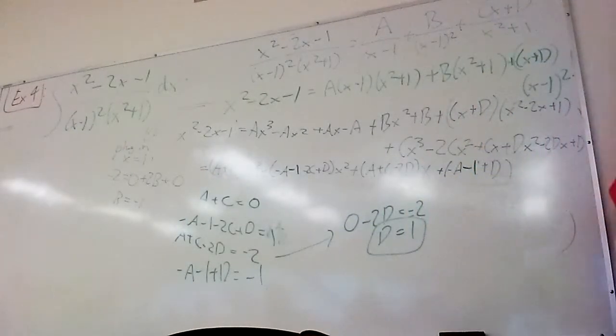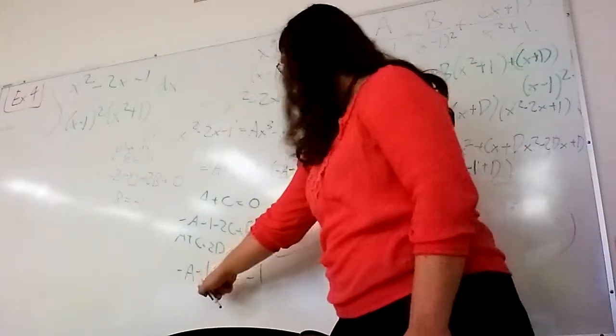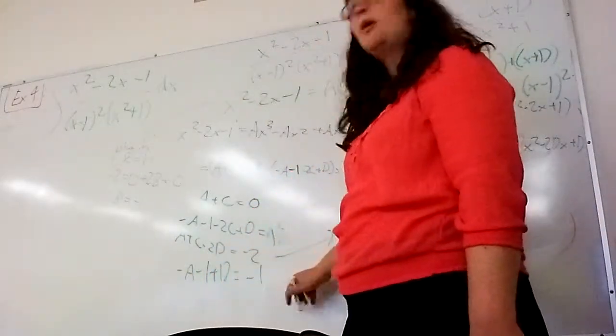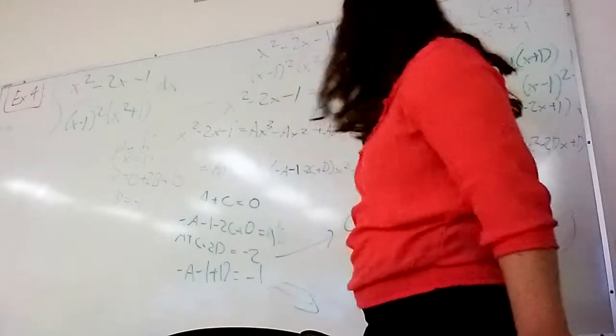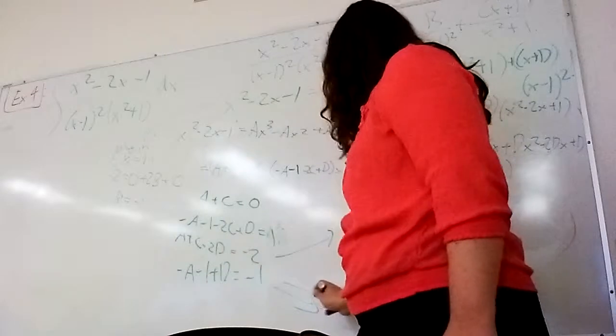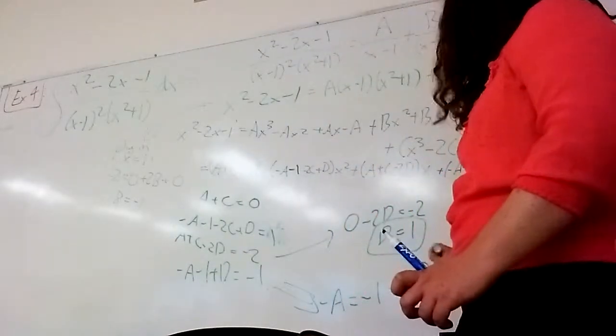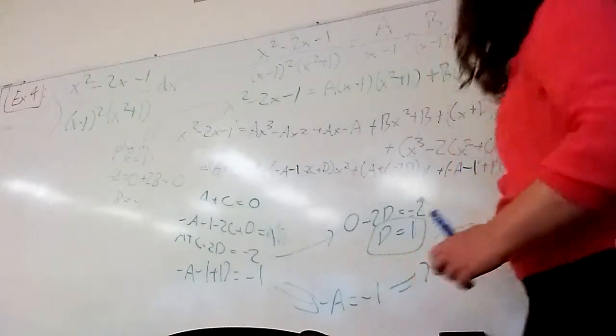So now I know what d is. And now if I go down here, negative a minus 1 plus d is negative 1. I know that d is 1. Negative a minus 1 plus 1 is negative 1. That gives me that negative a is negative 1. So that tells me that a is 1.